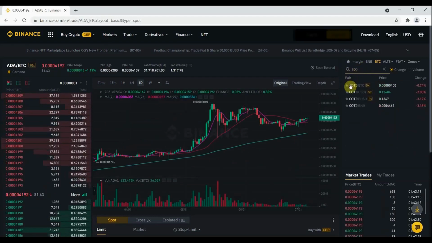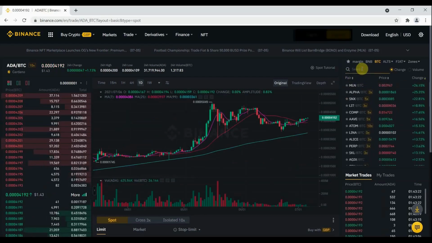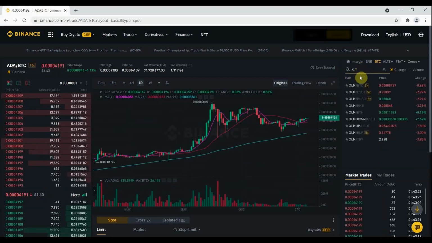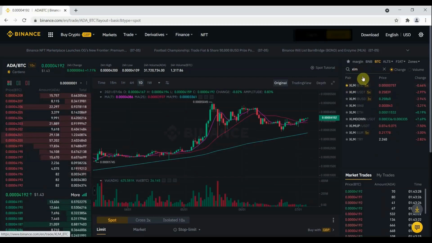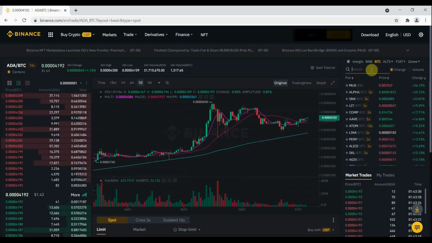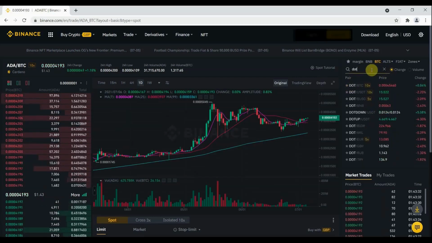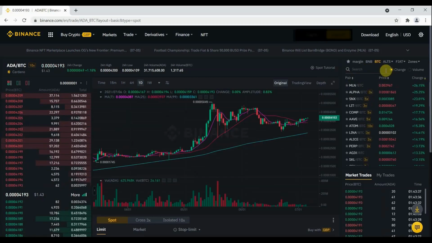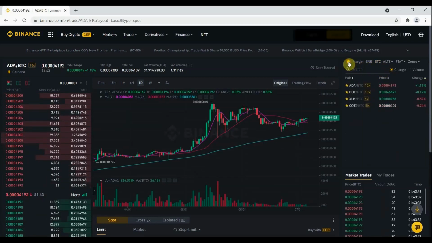Repeat this process for each of the cryptocurrencies that you wish to monitor. When you are done, you can click on the star located above the search box. This will bring up your list of favorites.